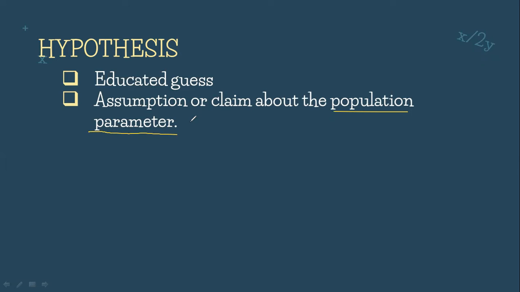However, my dear students, in population parameters we don't look at all measures of central tendency and variability. We only have two: the mean, which is the population mean, and the P, which is our population proportion. These are the only two we look at when we are formulating our hypothesis.